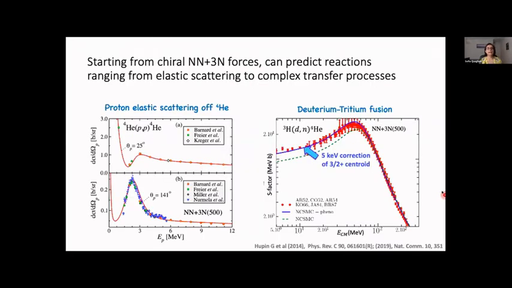And now with this method, we can use chiral nucleon forces and predict reactions ranging from elastic scattering, for example proton elastic scattering on helium-4, to more complex transfer reactions. What I'm showing here is the deuterium-tritium fusion, in which the initial and final channels of the reaction are actually two different channels.